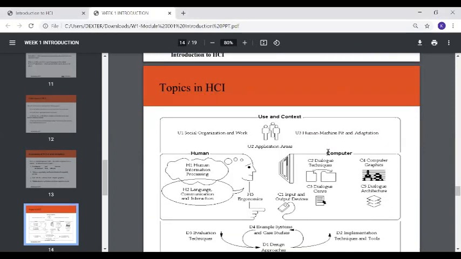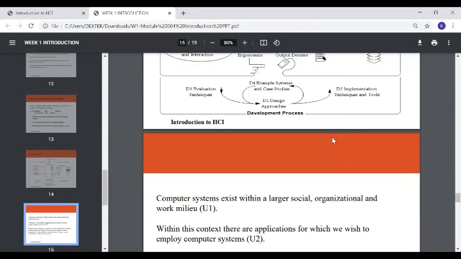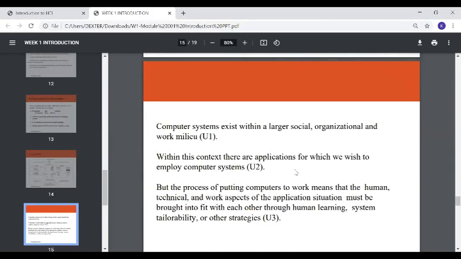Okay, so the topics in HCI: first, the user, or social organization and work. We have the U2, or the user, the application areas, and the U3, which is the human-machine fit and adaptation. Computers exist within a larger social organization and work milieu. Within this context, there are applications for which we wish to employ computer systems, which is the application area.